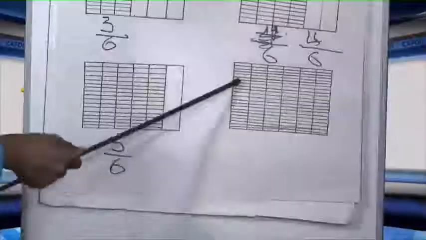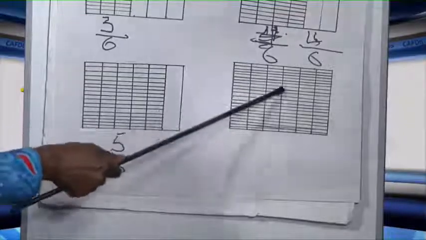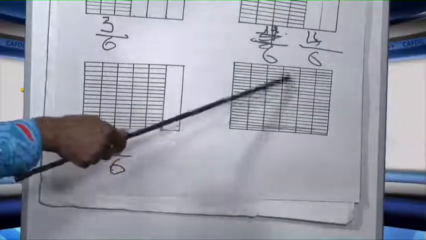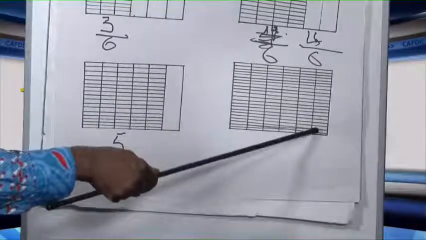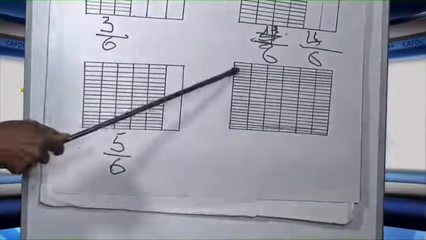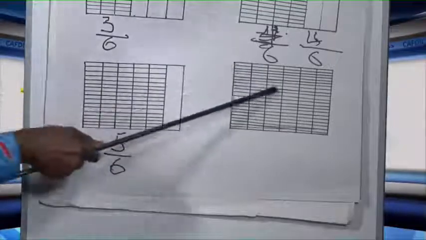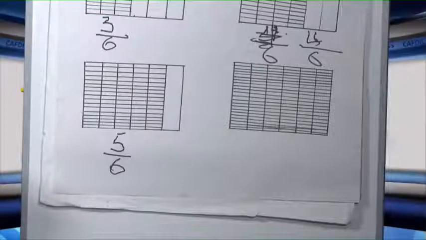Count. 1, 2, 3, 4, 5, and 6. So if you have 6 parts in all, and 6 parts have been shaded, children, what fraction is this?